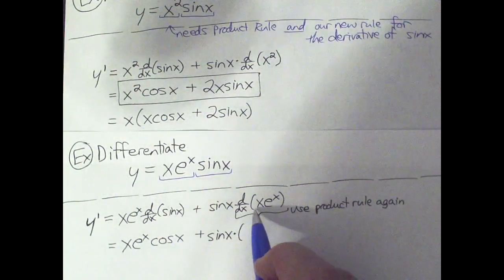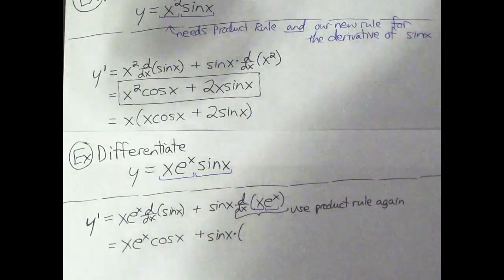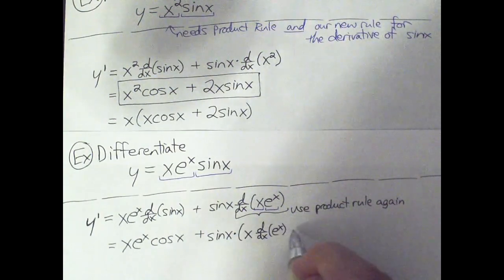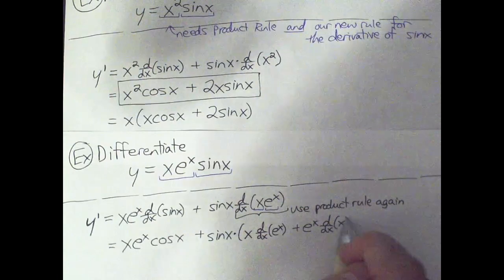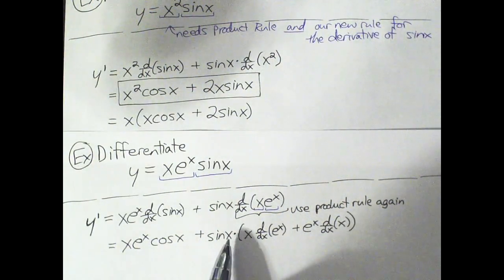Here, I'll underline the two pieces. There's the x and the e to the x as my first function and second function. So first function times derivative of the second plus the second function times derivative of the first, like that. And I tried to make it clear that we're not doing sine of this stuff. We're doing sine x times this stuff.